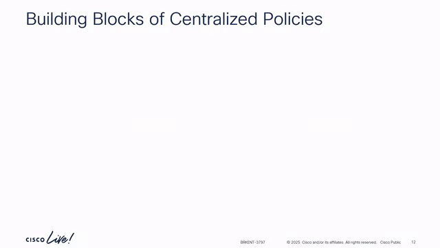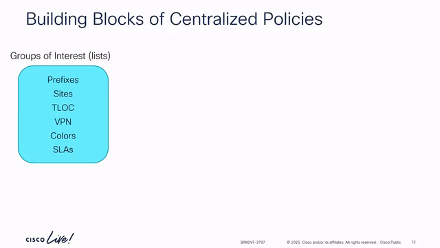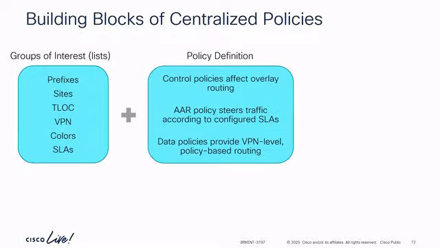The next important concept, before we start discussing policy troubleshooting, is the very well-known concept of building blocks for policies. The first part is the groups of interest on which you base your match. It can be prefixes, TLOCs, colors, SLAs, and so on, depending on policy type. You combine them together and define the policy, a set of sequences, which define actions applied to particular match conditions, to particular groups of interest.